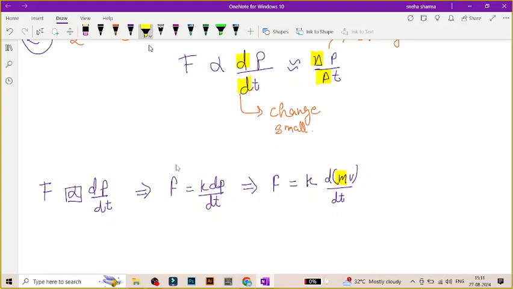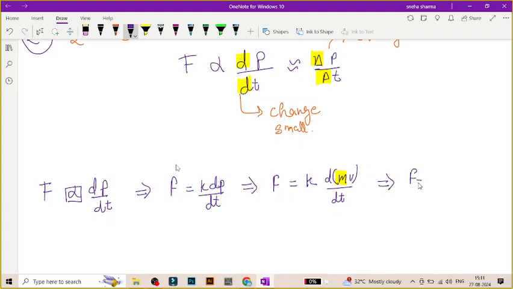If you are throwing a ball towards your friend and he throws it back, or you throw the ball towards the wall and it bounces back, does the mass of the ball change? No, motion cannot change the mass of the ball. So mass cannot change, so we take it as constant.